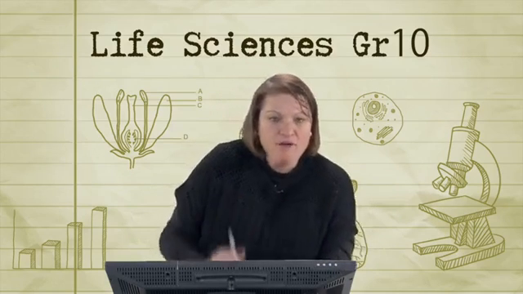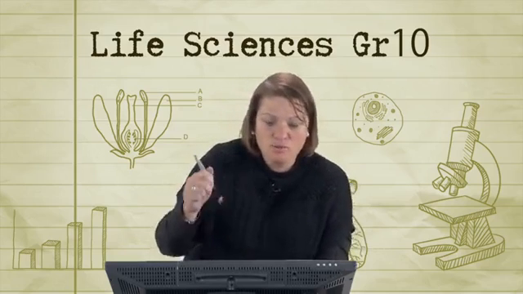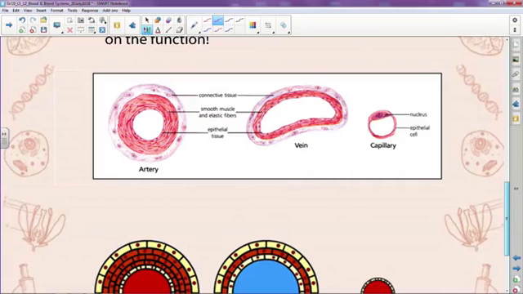Now, if you have a look at the tissue layer, what do we find on the outside? On the outside, we find this connective tissue. This connective tissue is usually made up of elastic connective tissue. And you ask yourself, why do we need elastic connective tissue?